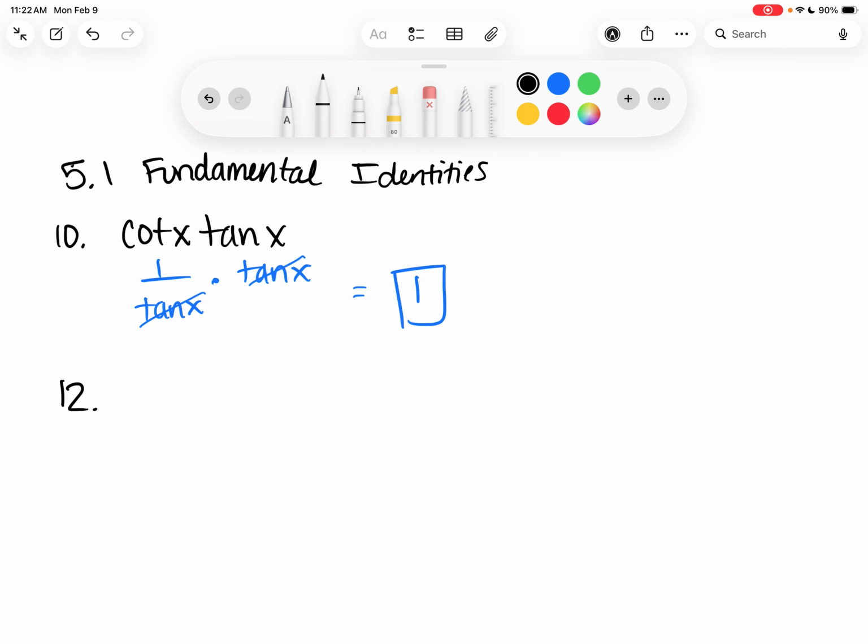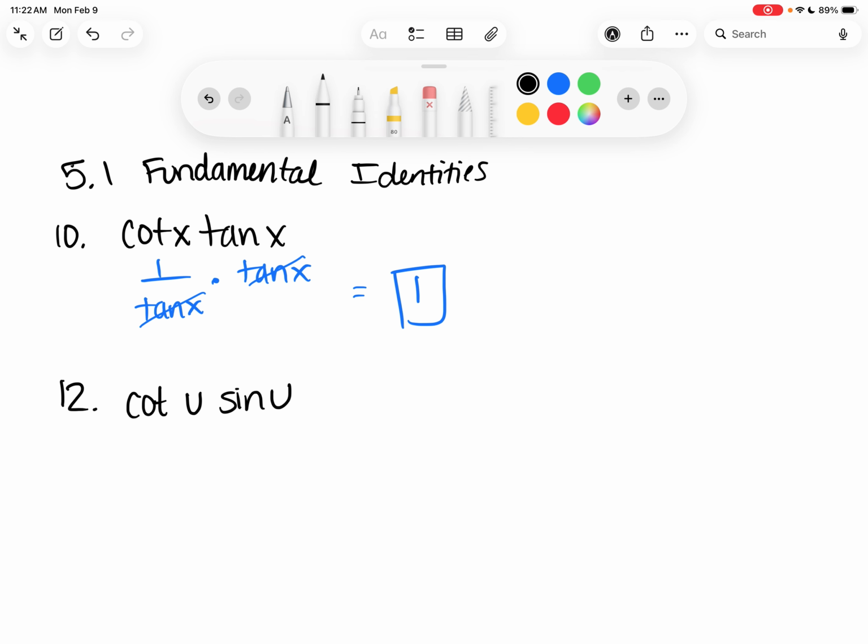12, we have the cotangent of u and the sine of u. Now, I'm okay if you switch them all to x's. They use different letters and thetas and betas and alphas and whatever else. You can pick something and stick with it. But anyways, I want to simplify it, so I want to try to cancel.